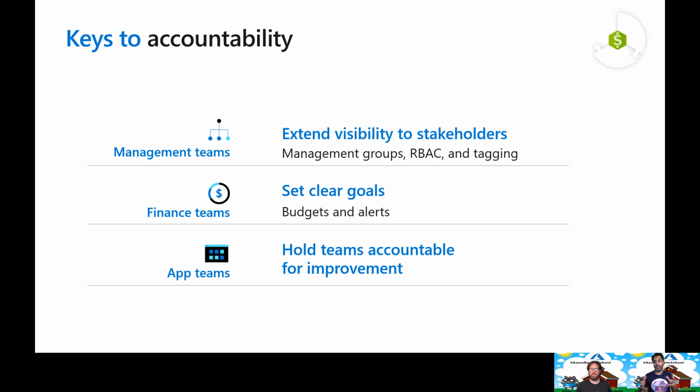For example, let's say the finance people want to have a bird's eye view of the cost. They'll probably be looking from a management group standpoint. That's why we have the management teams up here. The financial teams might have limited visibility, so you'll restrict the access based on that.